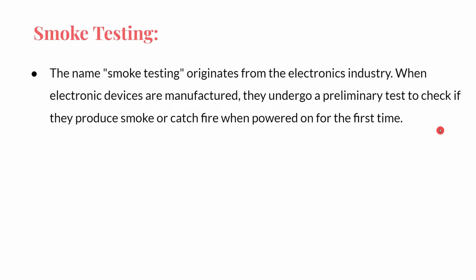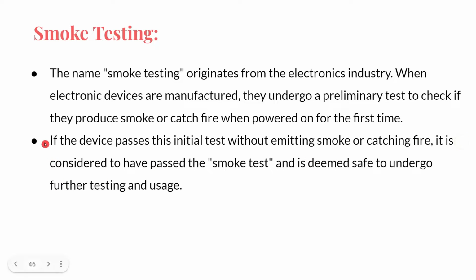Now, how is it applicable in the software industry, in software testing? Let's see that. If the device passes this initial test without emitting smoke or catching fire, this is still talking about the electronic device, it is considered to have passed the smoke test. If no smoke is coming, that means it has passed the smoke test.